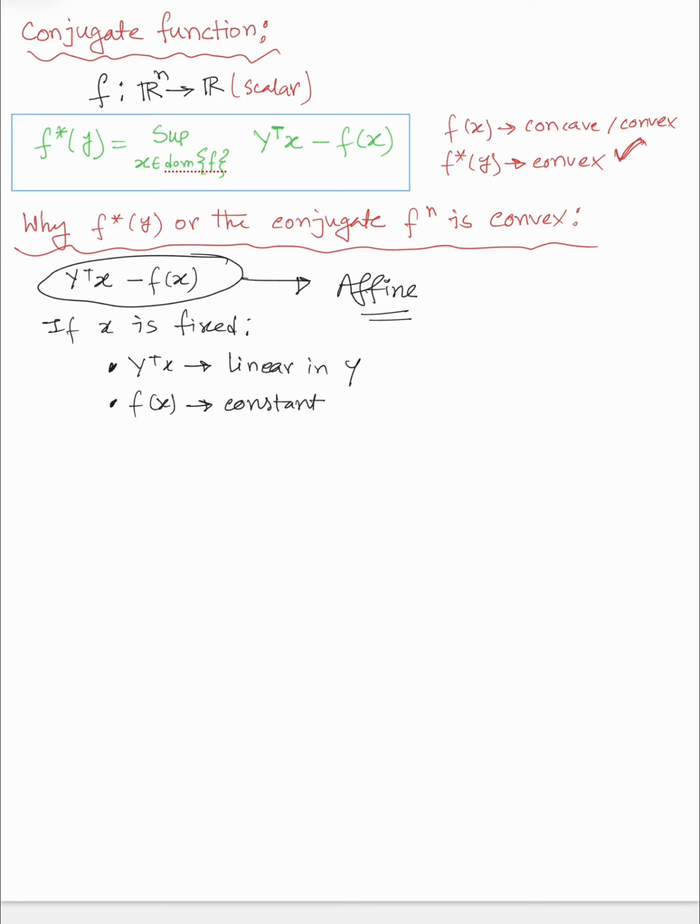So there can be a case where there is no maximum. In that case, we take the lowest upper bound, and that's why supremum is used to generalize this for all different cases.